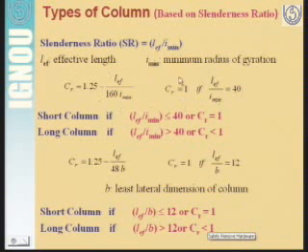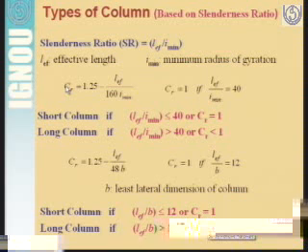Taking this value of 40 into consideration, we define columns as short when L effective by I minimum is less than or equal to 40, or this factor CR is 1. Otherwise, we classify the column as a long column. So this is the classification of columns based on the slenderness ratio.